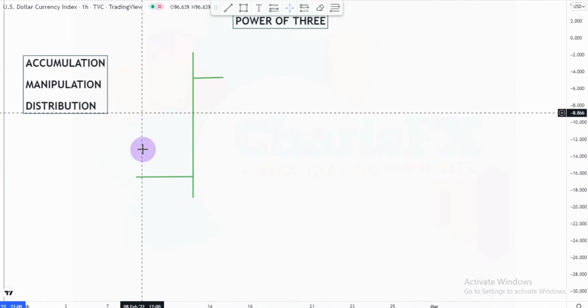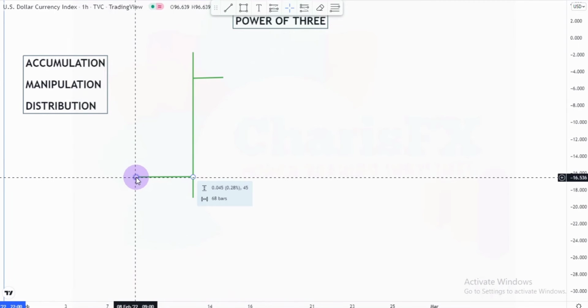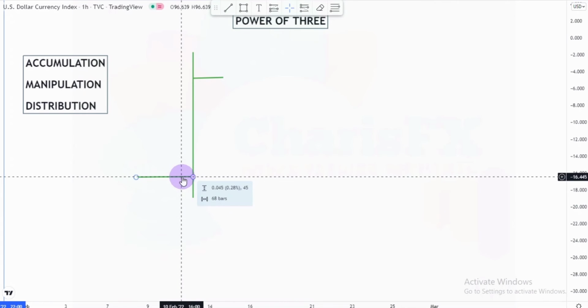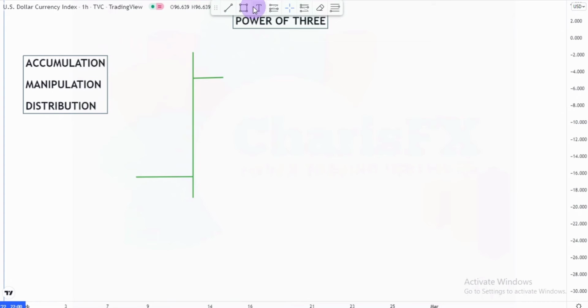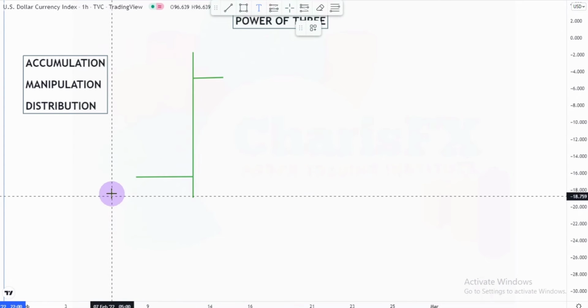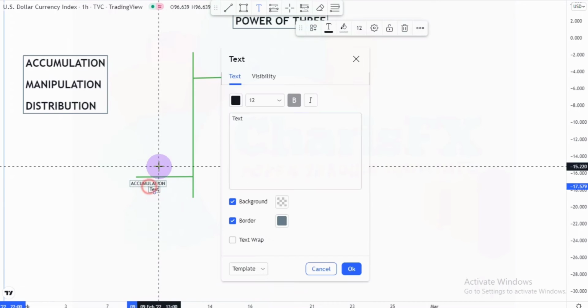This is a weekly candle that has an opening price. So price opens and goes into accumulation of orders, then manipulation here, and then distribution of price. So you can quickly label this as accumulation of price. This is accumulation.